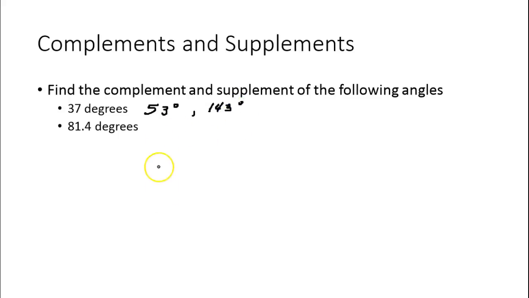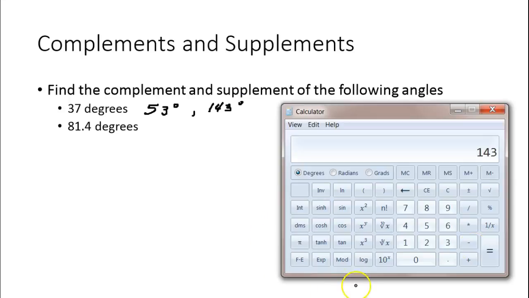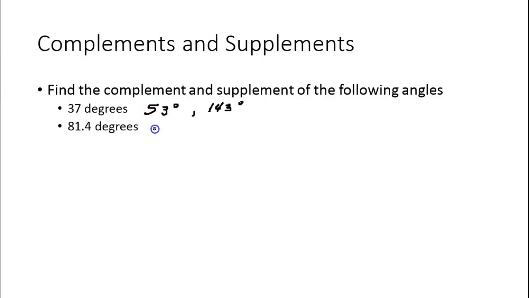For the next one, 81.4 degrees. To find the complement, I would say 90 minus 81.4 equals 8.6. So the complement of 81.4 degrees is 8.6 degrees.